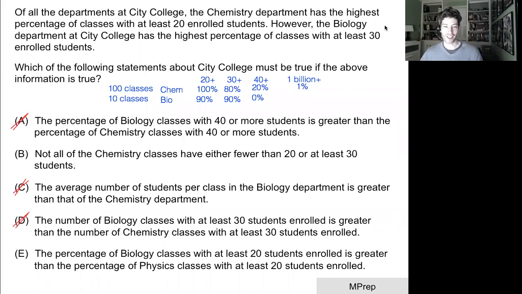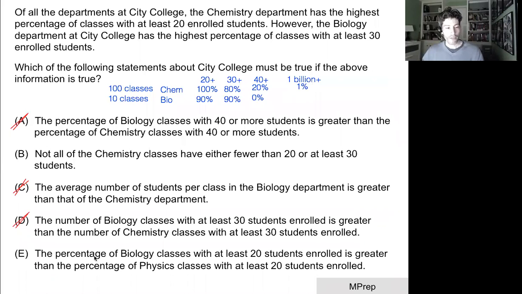There's a single chemistry class that has 1 billion students in it. From that you could infer that there's over 1 billion total enrollees in only 100 classes, so the average chemistry class has over 10 million people in it. None of the bio classes have more than 40. So that just proves C wrong.